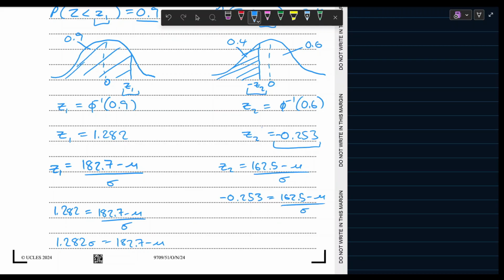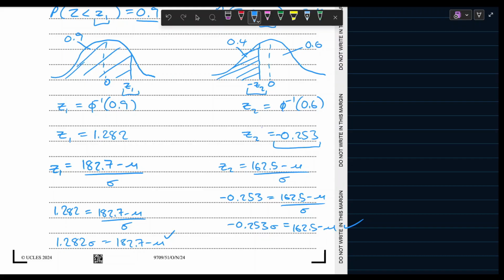We can multiply through by sigma, so that we've got negative 0.253 sigma is equal to 162.5 minus mu. Notice how we now have two equations in terms of mu and sigma.